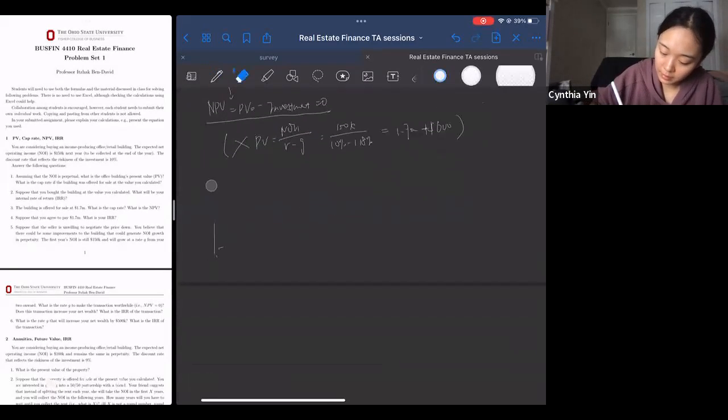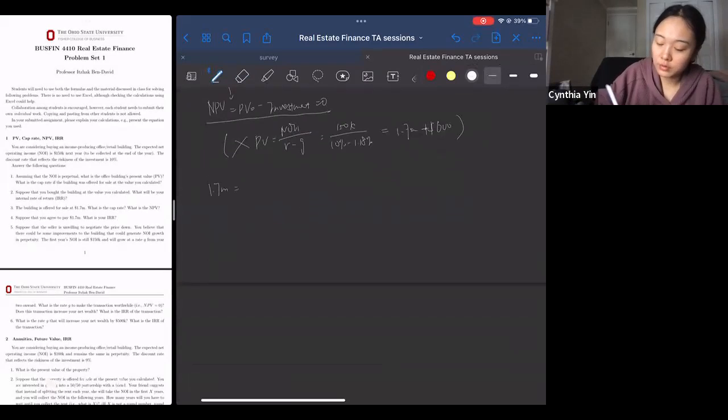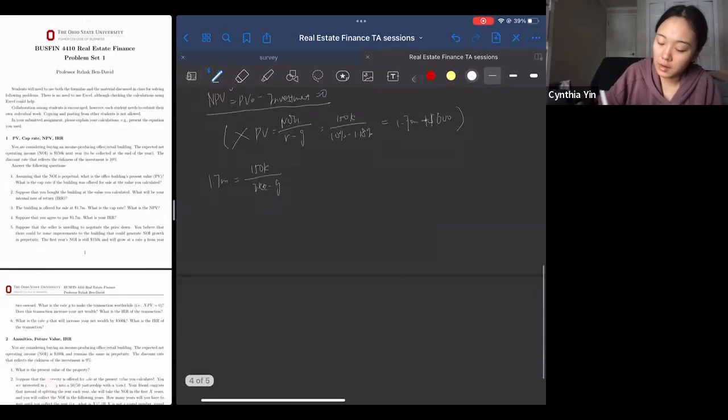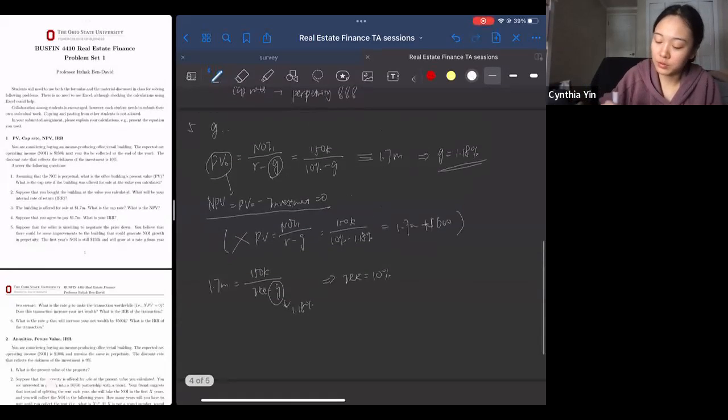It equals 150K divided by R minus G. In other words, the G is the one you already got, 1.18%. Then what you get is IRR should be exactly the same as what you used here.